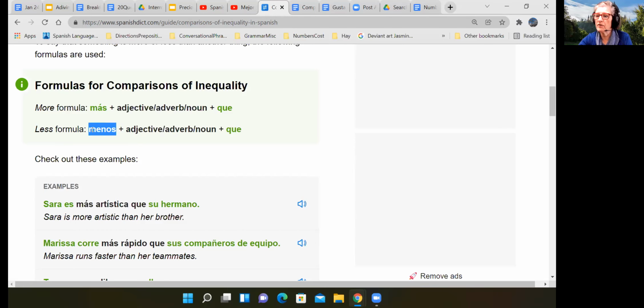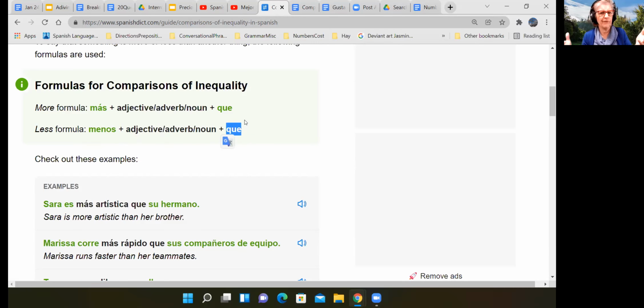You may also want to use the idea of not as fast as, right? So to give it the less idea, we use the word menos, which means less or minus. Menos with the description with que. But notice the kind of formulaic words are the menos and the que.